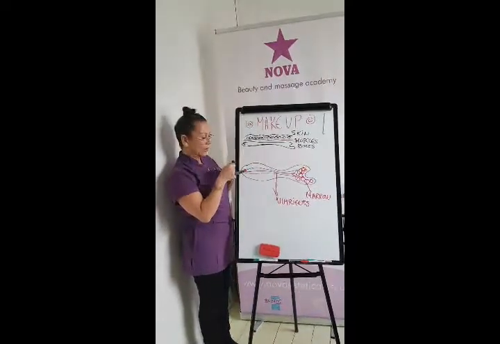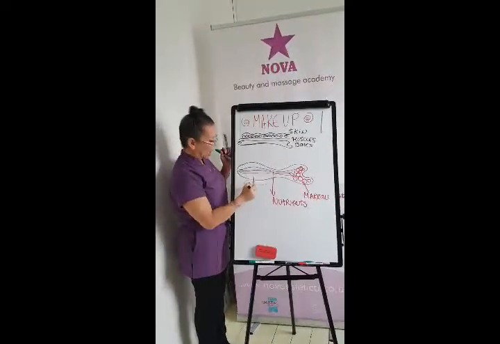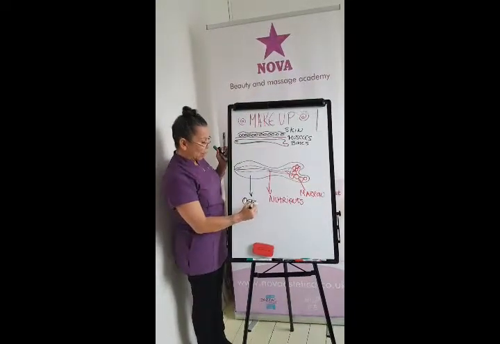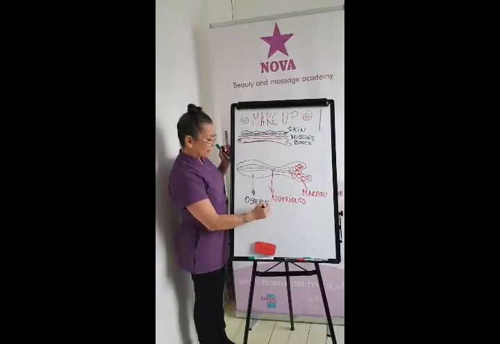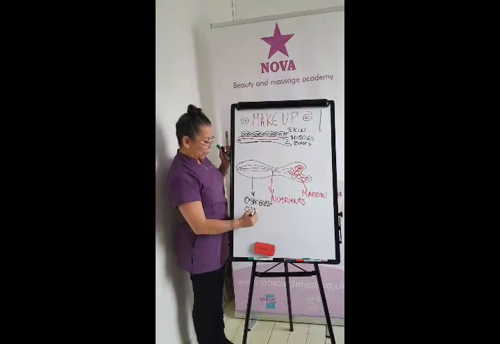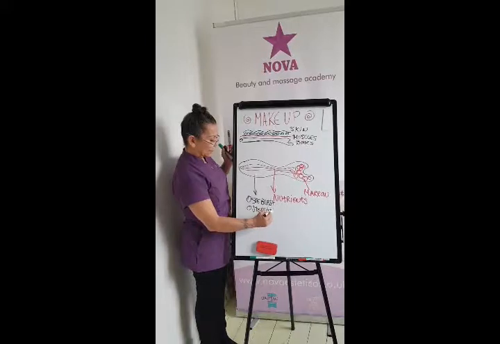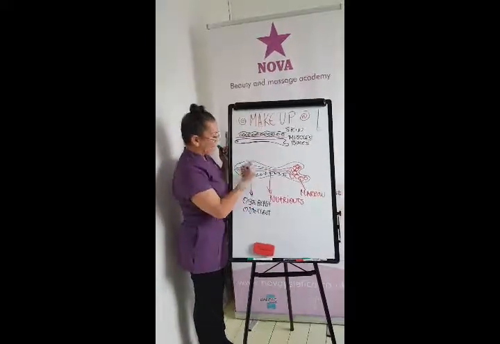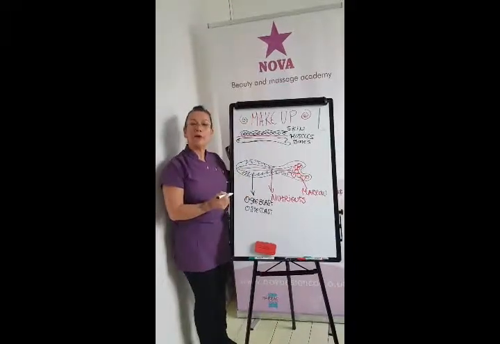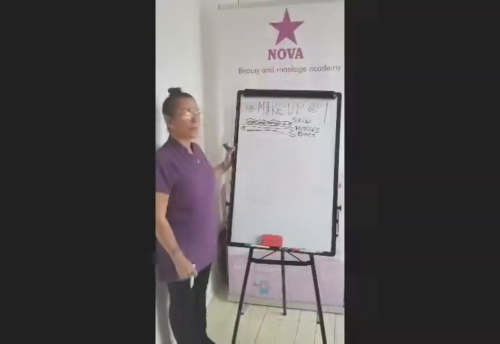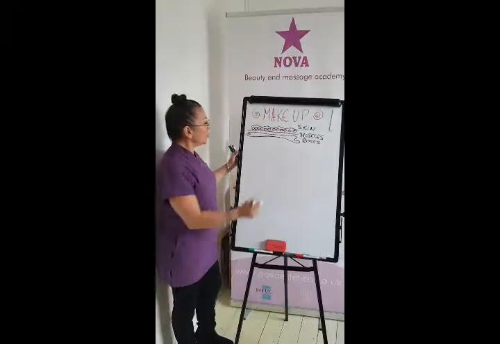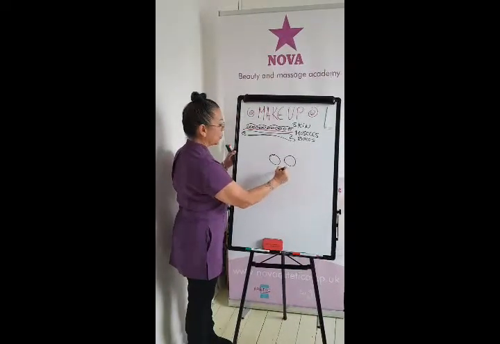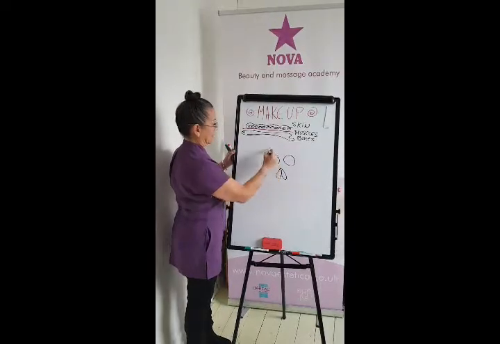The cells that we have in our bones are of two types. They are osteoblasts and osteoclasts. They are very hard and develop through life. The bones that we need to study for our makeup are the bones of the face.